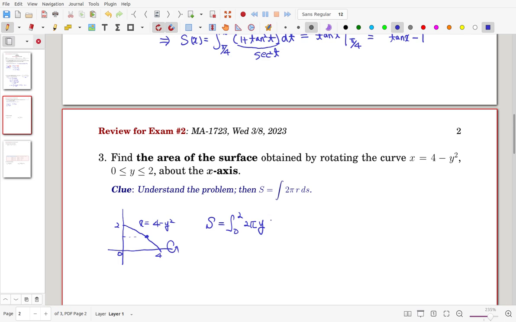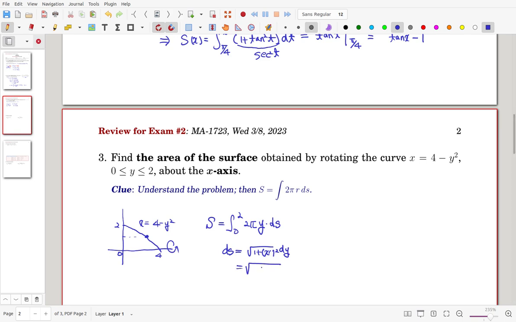And then now ds, you have to put here now ds. ds must be expressed as a function of y, so that ds will be the same as the square root of 1 plus x prime squared dy. Of course, prime is with respect to y.